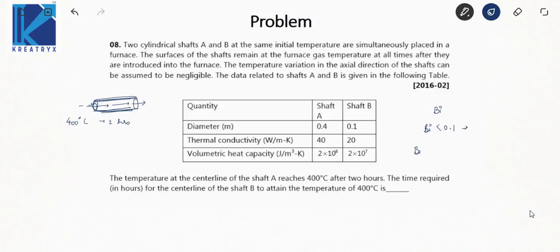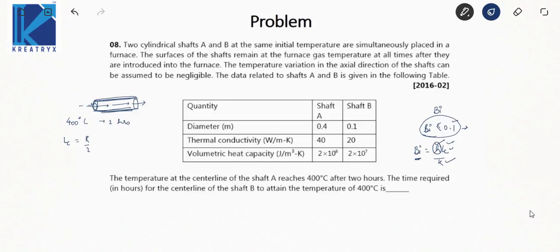We know that Biot number is equal to h Lc by K. Can you find out Biot number? No, you cannot, because h has not been given. Lc is the characteristic length; the characteristic length of a cylinder is R by 2. Yes, we know this Lc, we know this K, but we don't know h. So we cannot say that the Biot number is less than 0.1 or greater than 0.1.